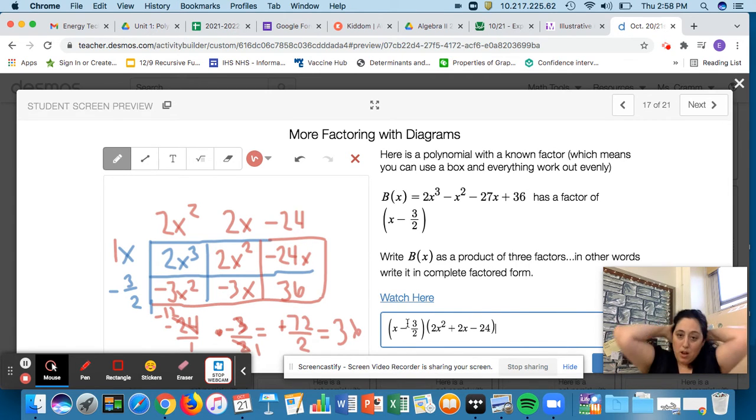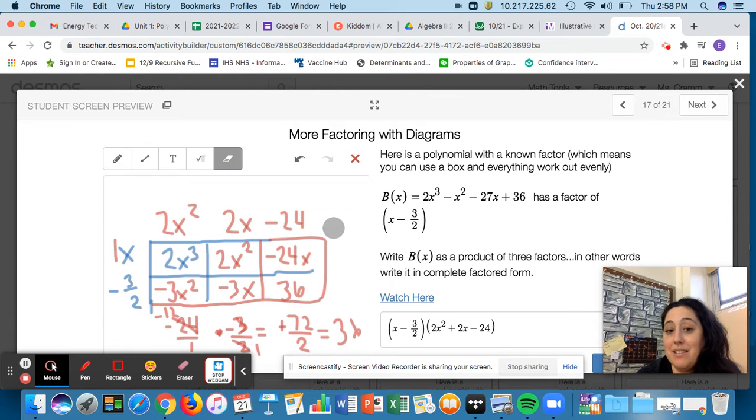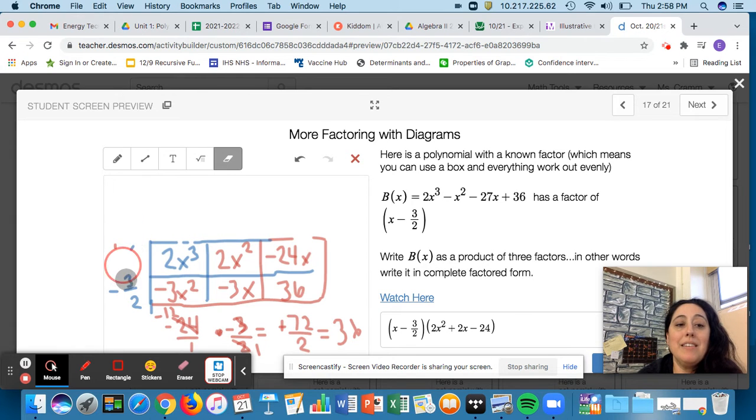Now if I want it to be completely factored, I am going to have to erase this. I wish I could just magically click something, but I'm going to erase this. And now which of the factors am I going to factor further?